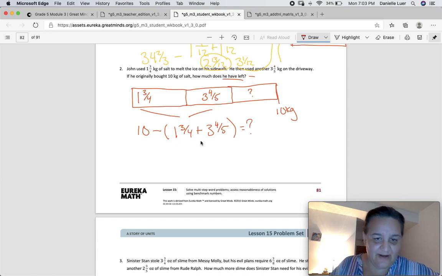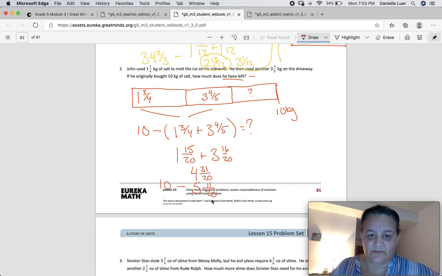So here's our problem. Our common denominator is going to be 20. 4 times 5 is 20. So 1 plus 3 over 20. So this would be 16, and this would be 15, which equals 4 31/20, which actually equals 5 11/20. So I'm going to move the problem over here.